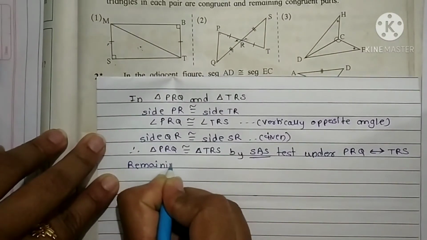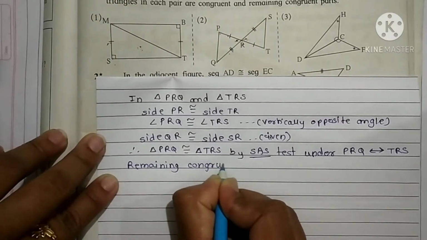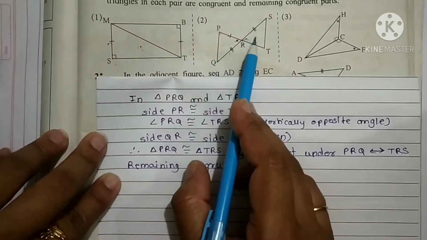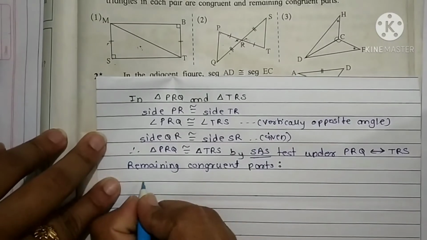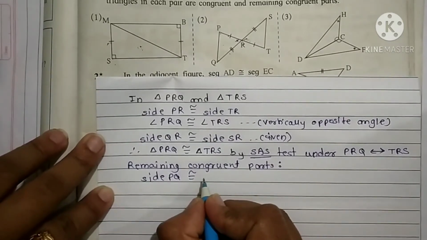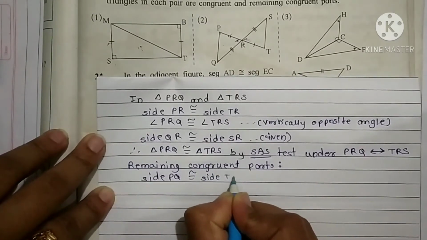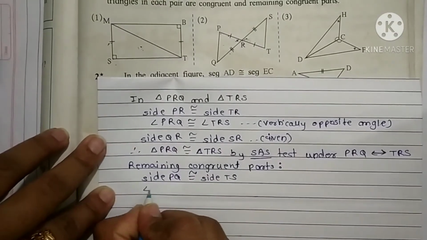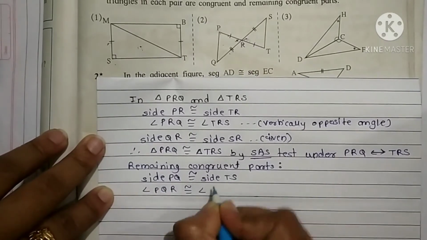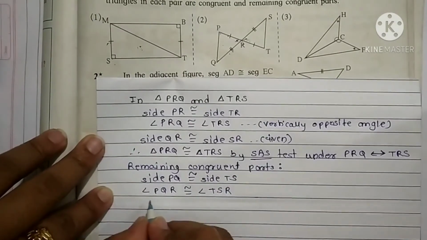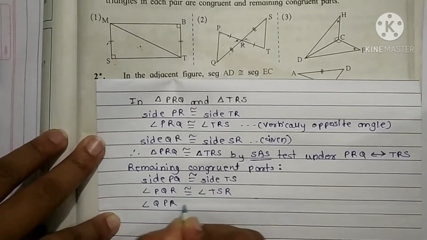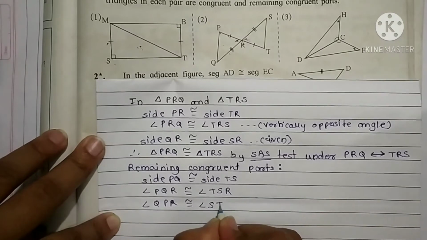The remaining congruent parts in these two triangles are side PQ congruent to side ST or TS, then angle PQR congruent to angle TSR, and angle QPR congruent to angle STR.